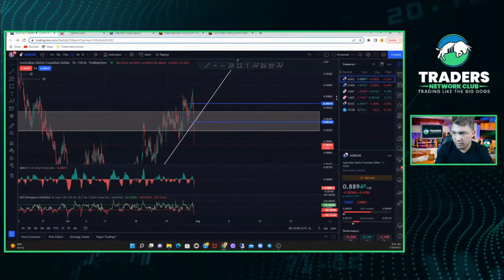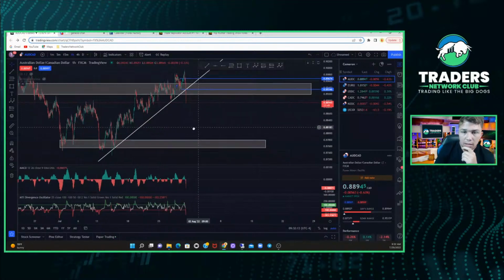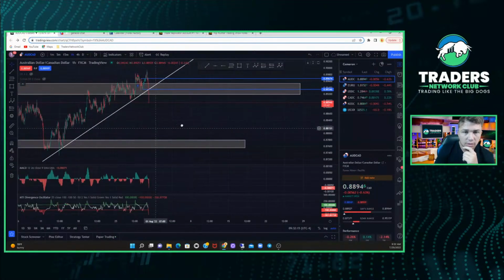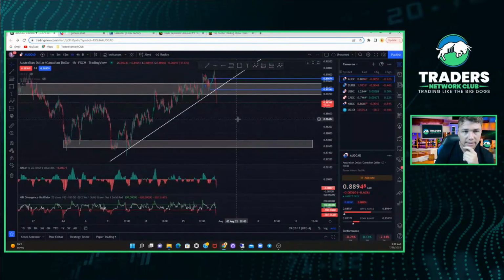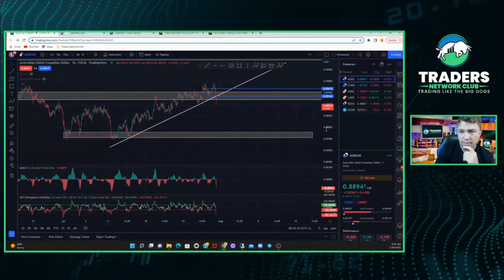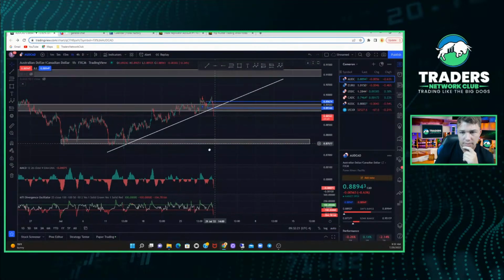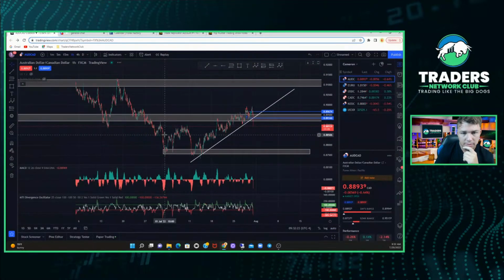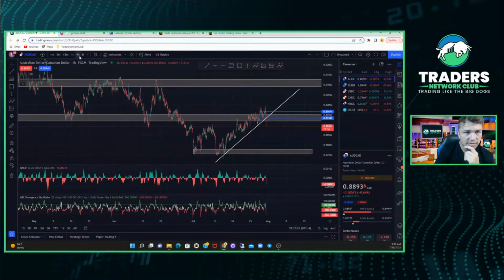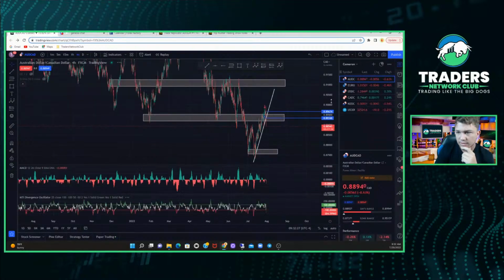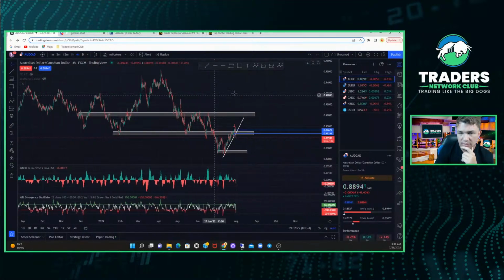My mouse is tripping out right now. Okay. All right, so let's go take a look at the 4 hour here. I want to see these wave structures that price was moving.